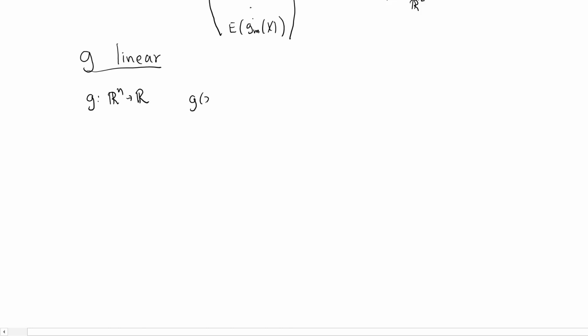Then we know that we can write g of x as c prime x, where c is just this vector c1 through cn of constants.